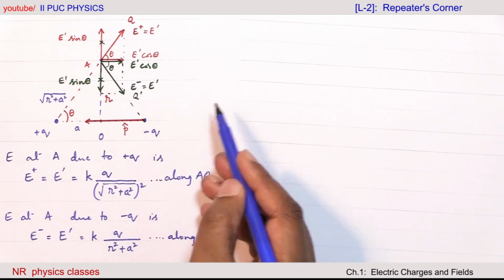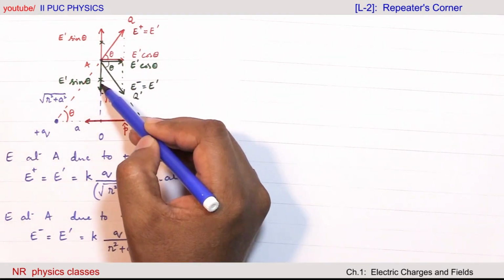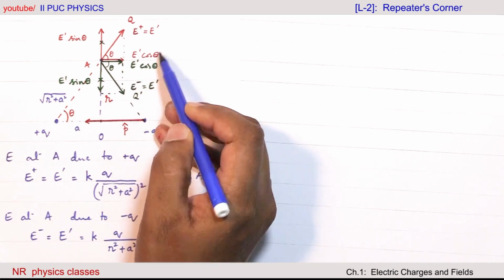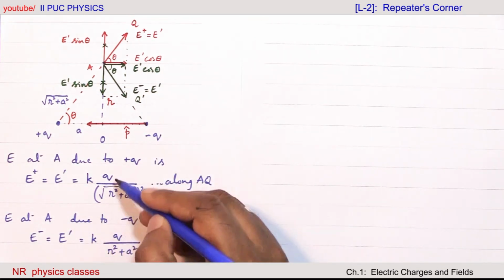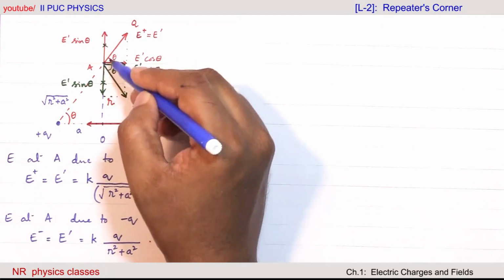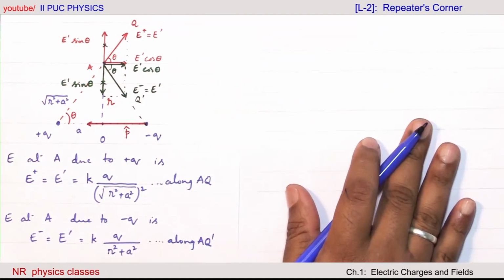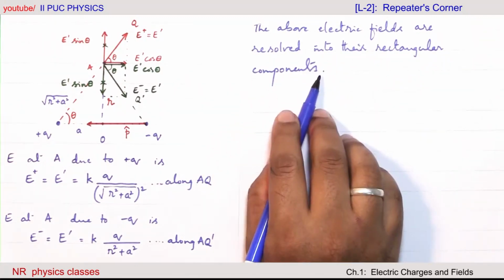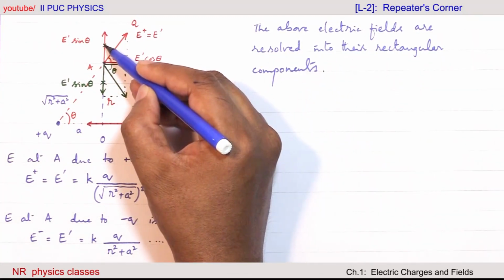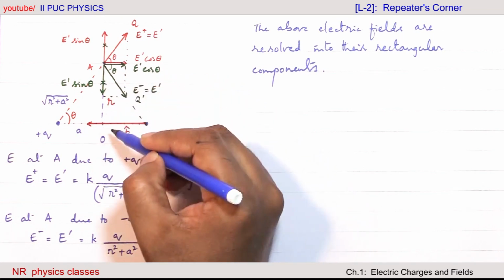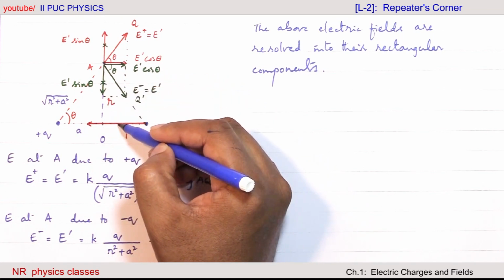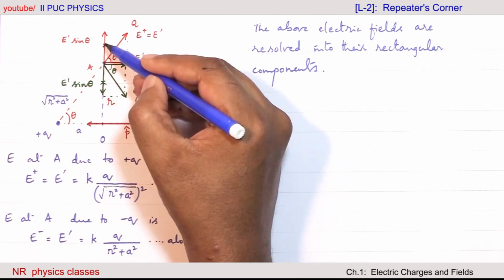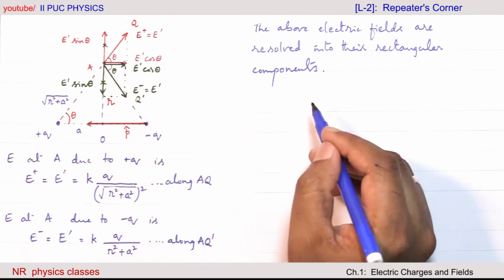Let us write the statements for resolution of vectors and the resultant of these two. These two electric fields are resolved into their rectangular components. The components perpendicular to dipole moment get cancelled because they are equal and opposite. Means we are talking about these two components.